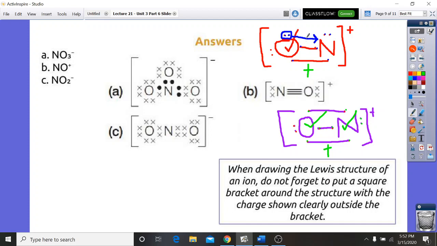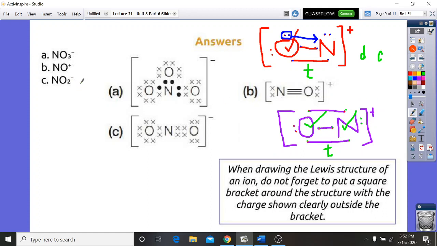Even though one of the pairs comes from oxygen, that doesn't really matter. 1, 2, 3. Therefore, you could still say this is made up of a double and a coordinate, or you can say it's made up of a triple bond and you would still be correct. This one, you really can only say triple bond because there's an equal sharing of 3 electrons from each atom.